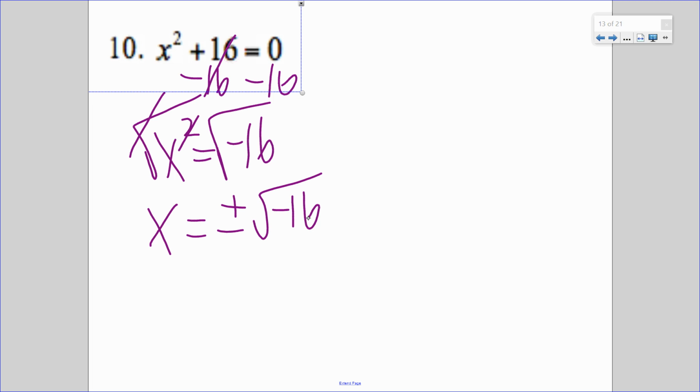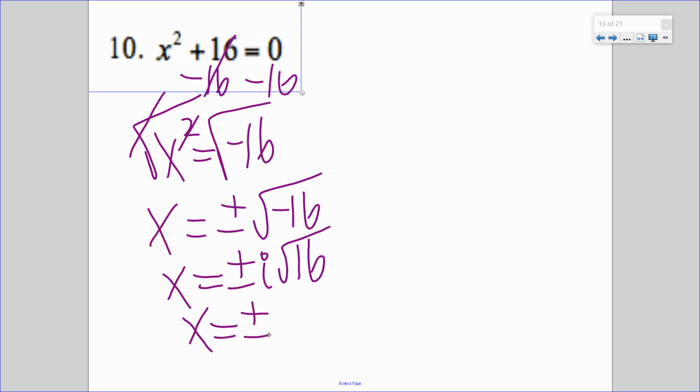Now I need to deal with the negative radical. So again, first step in dealing with a negative radical, bring the negative outside, make it an i. Now, 16, is it on my list? Yes, so I don't have to do the perfect squares and non-perfect squares. Square root of 16 is 4, so my answer is plus or minus 4i.